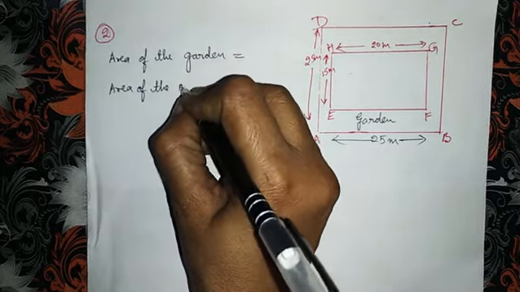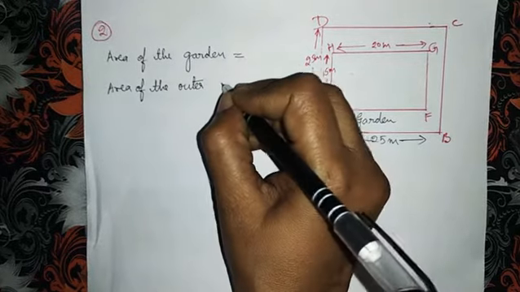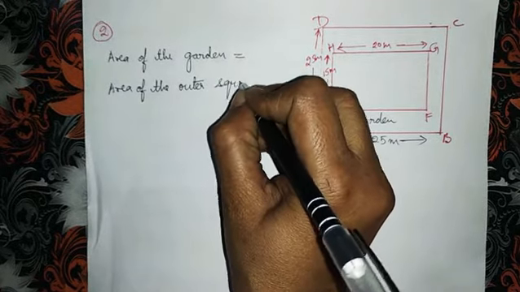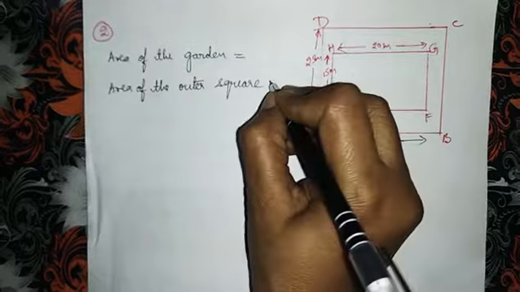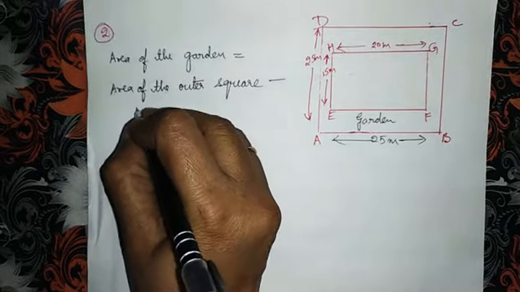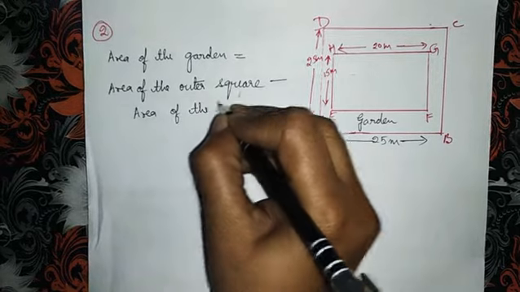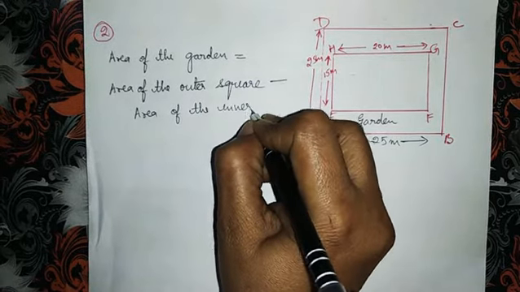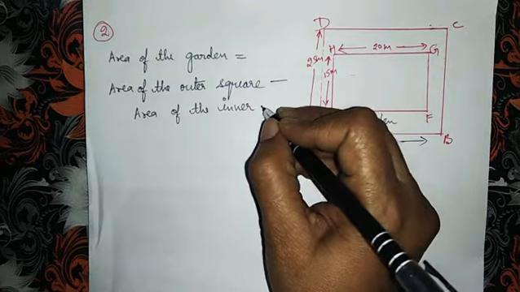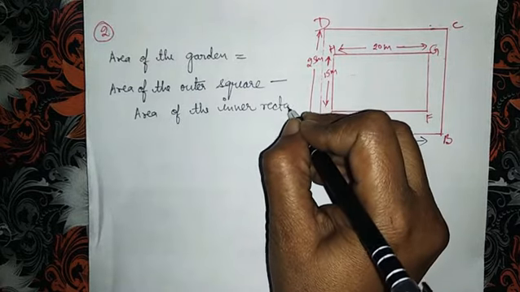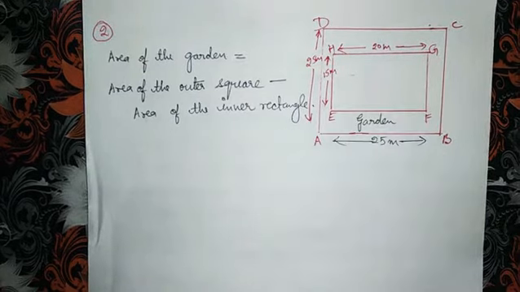Area of the outer square minus area of the inner rectangle.